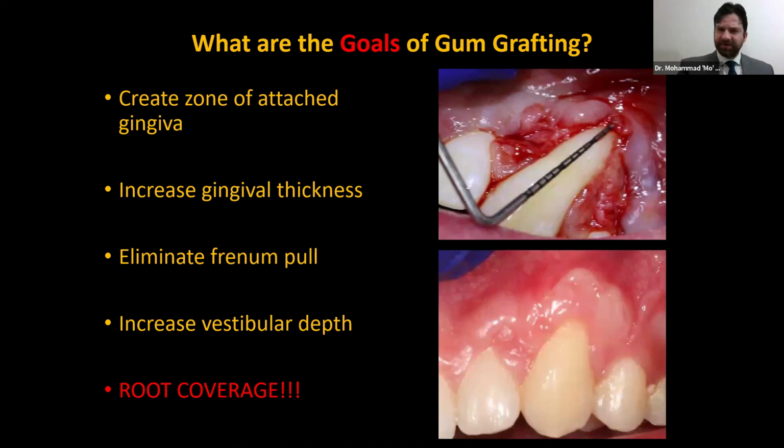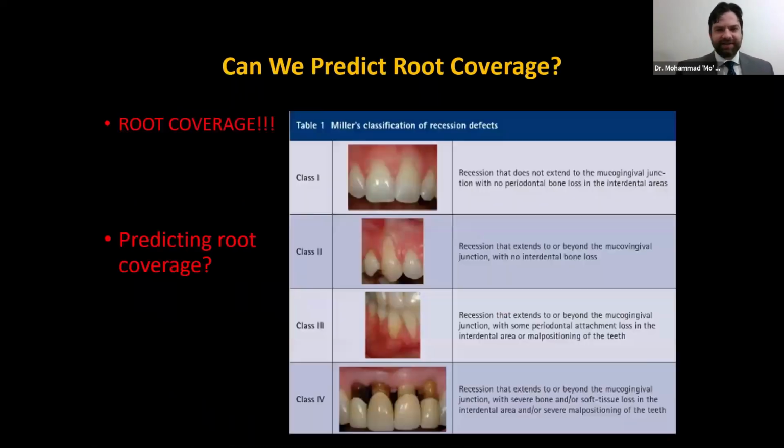So now that we've talked about the root coverage, the question is, is there a way that we can predict what is a realistic expectation of the root coverage? And in order to set the expectations straight, we periodontists typically the world over use this classification known as the Miller classification.